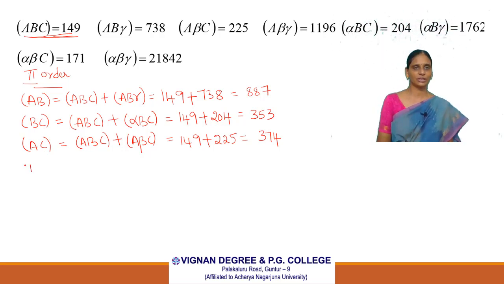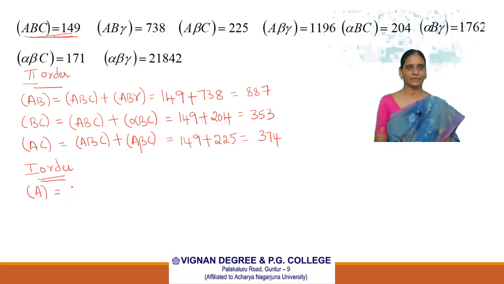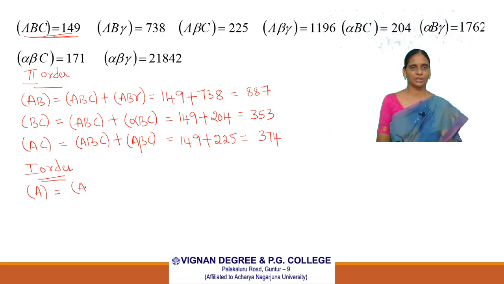In the first order, the positive class frequencies are as follows. First one is frequency of A. Frequency of A can be obtained by frequency of AB plus frequency of A beta.